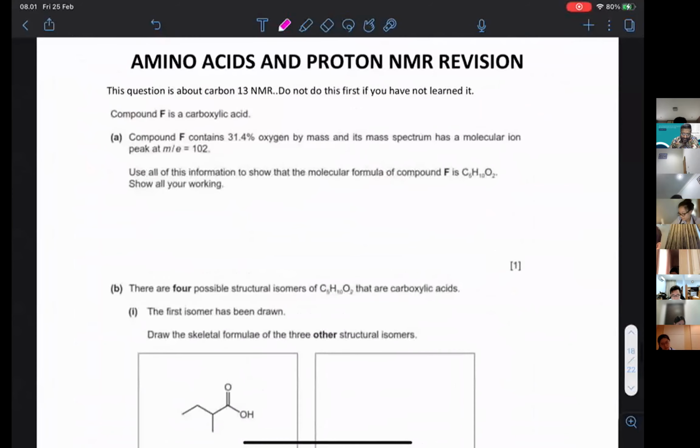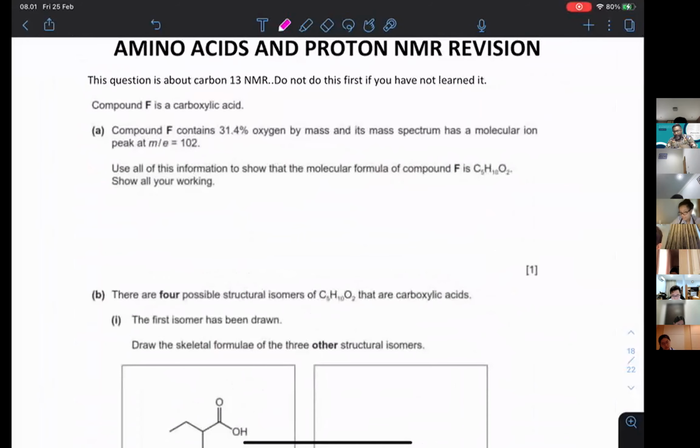If you look at the last question, it is about carbon 13 NMR. So for the carbon 13 NMR, you see the compound F, they mentioned that it is a carboxylic acid. It means this is going to be the structure. And then compound F contains 31.4% oxygen by mass.